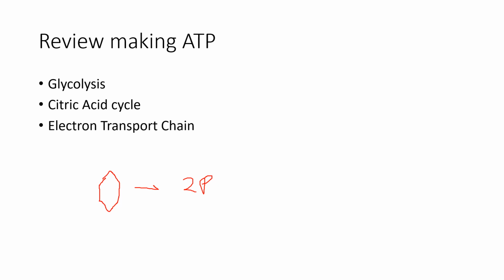What you are doing is putting 2 ATP in and getting 4 ATP out for a net of 2 ATP. Now the two pyruvates will go to the mitochondria, where they will be further broken up, but before they go there, they are converted into acetyl-CoA, acetyl-coenzyme A. And in the citric acid cycle, you're going to go through the cycle, get NADH and FADH2, and the FADH2 and NADH that you make are going to go to the electron transport chain and eventually take the hydrogens and give you water.